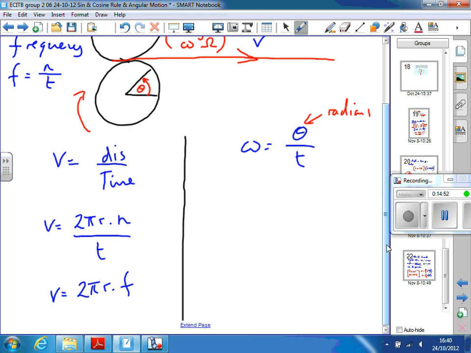So the distance this thing's gone in terms of an angle is 2 pi times n divided by t will give us the angular velocity. But again, we have that n over t as frequency. So we've got omega equals 2 pi f.